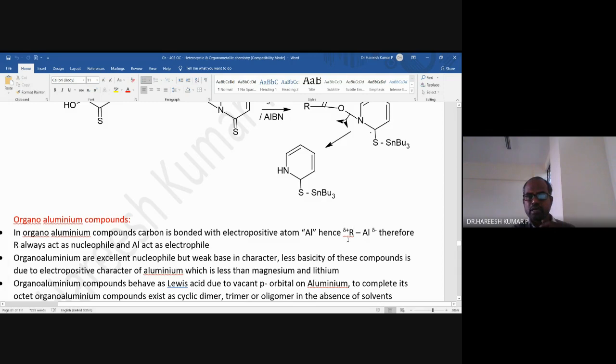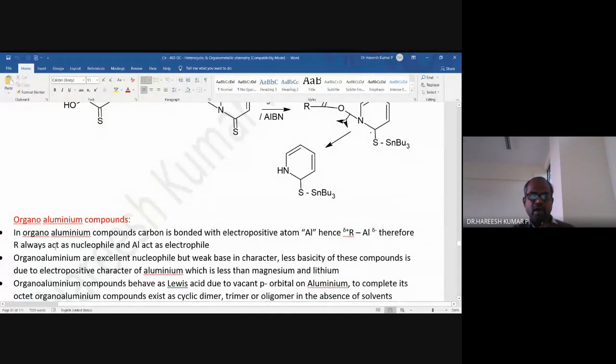I think you are aware of lithium aluminum hydride, isn't it? In lithium aluminum hydride, H is in the form of minus, a hydride, so aluminum should be in the plus form. This delta plus and delta minus should be replaced. That's what you need to remember.